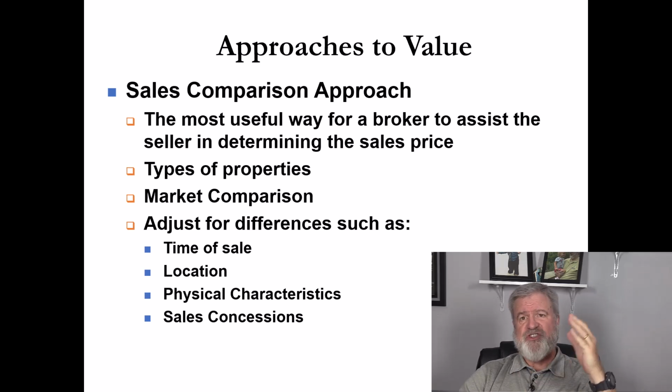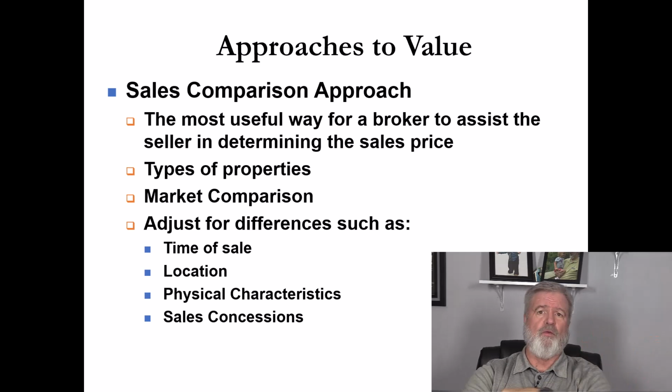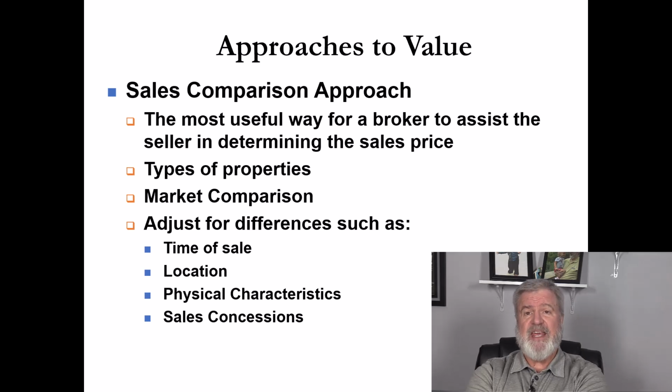If you just take that similar house and say, well, it sold for $275,000, and because it's similar, you're going to assume my subject property is worth $275,000, you could be tens of thousands of dollars off. You could be potentially $100,000 off. Because you have to make the right adjustments.